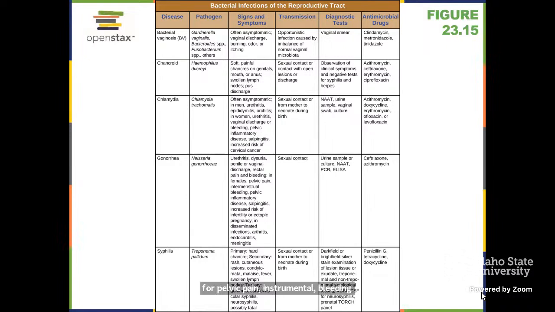Pelvic inflammatory disease, salpingitis, risk of infertility and ectopic pregnancies as we see the infection progressing up into the fallopian tubes. There's the potential for dissemination, arthritis, endocarditis, and meningitis, all some potential culprits with this, not to mention the little kids, as we saw the neonatal ophthalmia as this being a culprit with that.